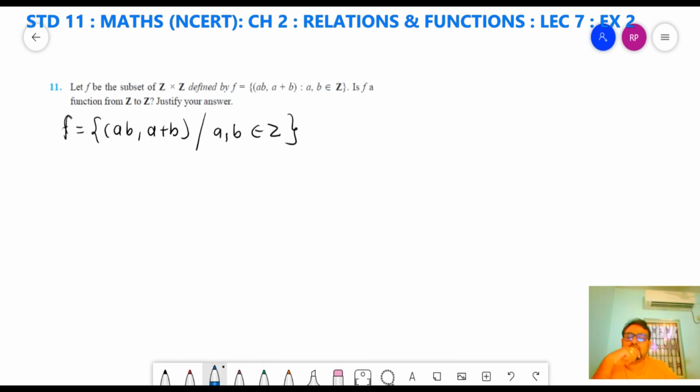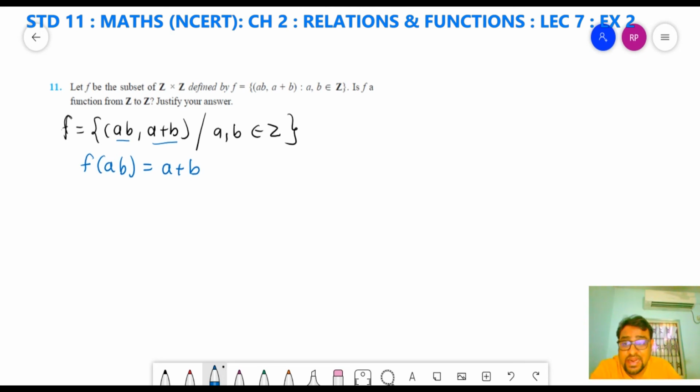Now see, we have seen earlier that if this is X, this will be f(x), right? So I can write f(A, B) is equal to A plus B. Now the question is to Z.